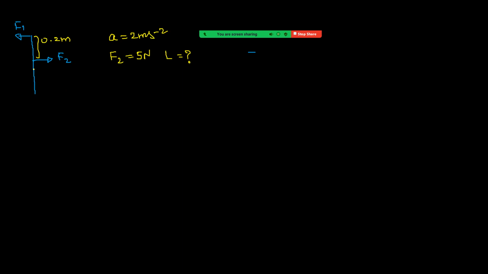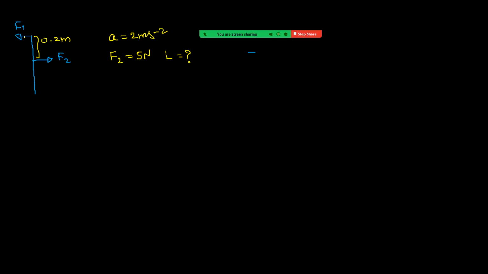Since having translatory motion, center of mass moves with acceleration 2 meter per second square. So we are taking motion as a combination of motion of center of mass and rotation about center of mass. Now in this case, about center of mass, there is no rotation because it is given translation.